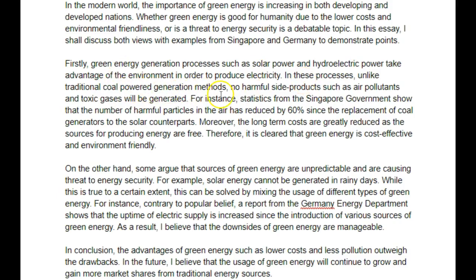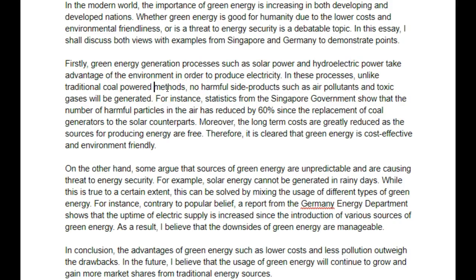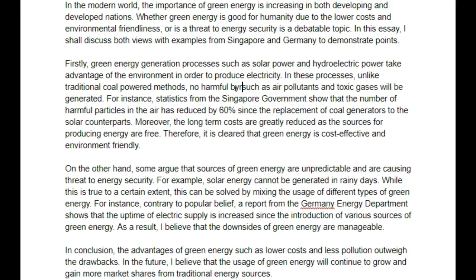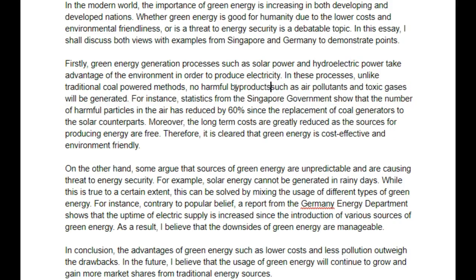Unlike traditional coal-powered generation methods, or even just coal-powered methods, because we know what we're talking about, no harmful side products. The phrase here is byproducts. A side product is a byproduct, such as air pollutants and toxic gases will be generated.